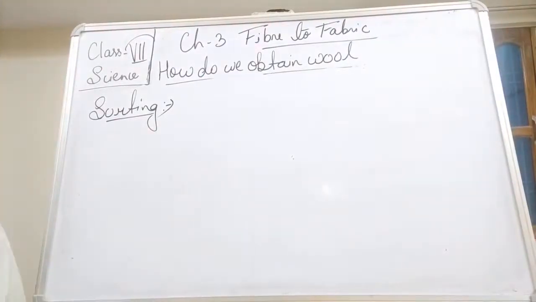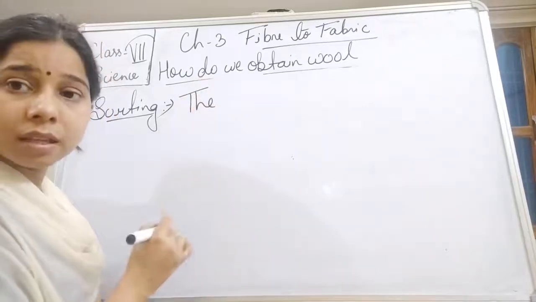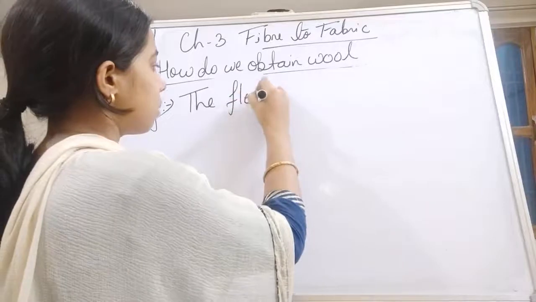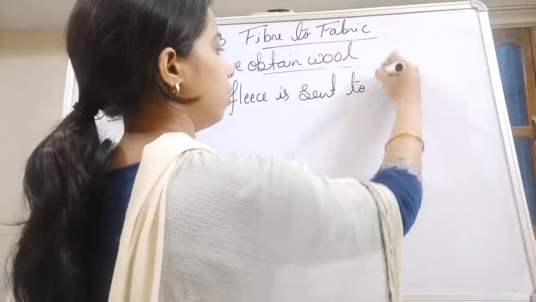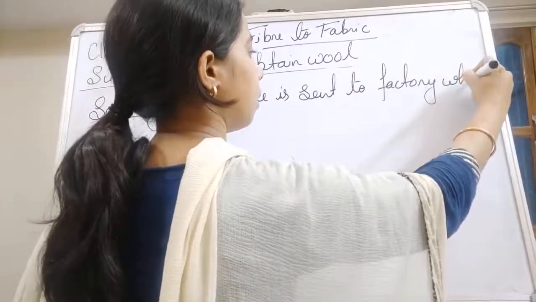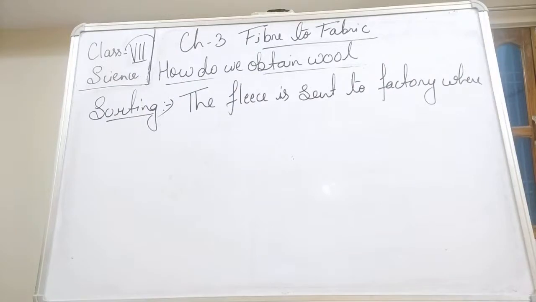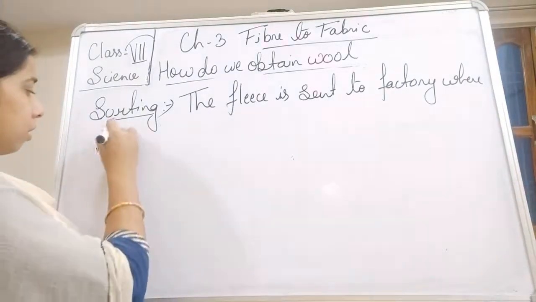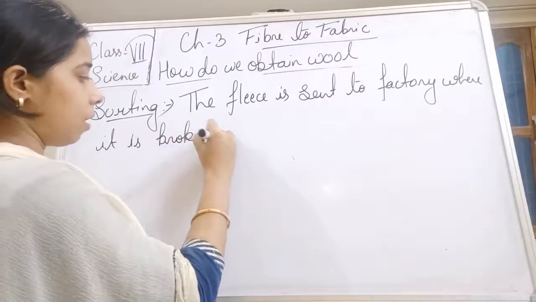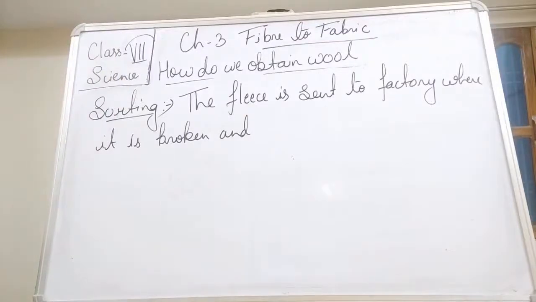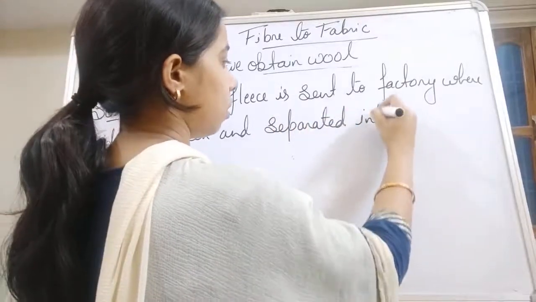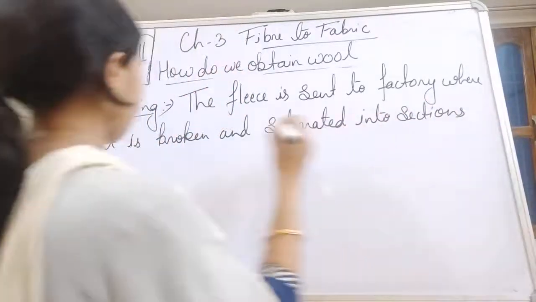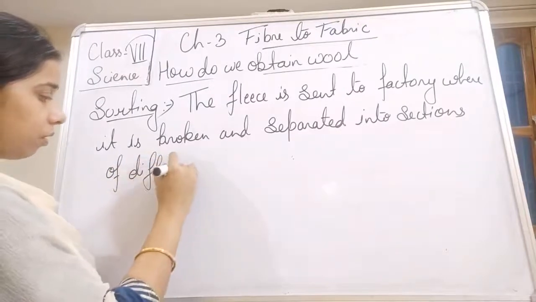So here in shorting, the fleece is sent to factories, where it is further broken and separated into sections of different quality.